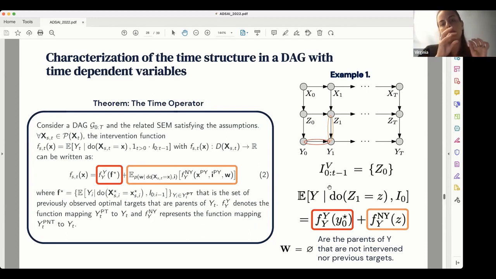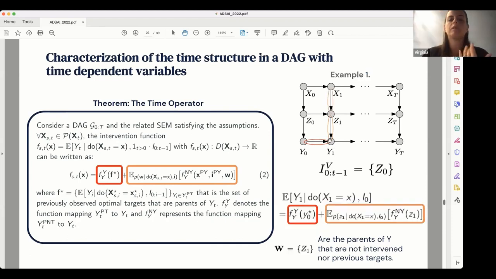So let's make this a bit more concrete, because the notation is quite cumbersome. If you look at example 1, suppose that we want to evaluate an intervention on z1. y1 is determined by the previously optimal intervention for y0 propagated through the edge that is highlighted in red, and the intervention level for z1 propagated through the edge that is highlighted in orange.